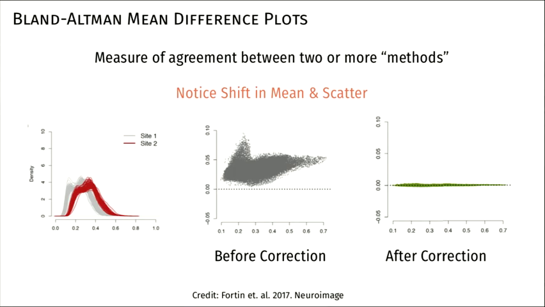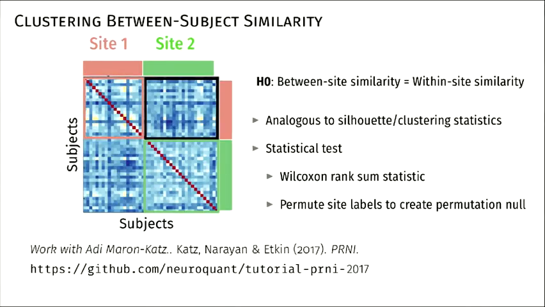And when you do the Bland-Altman plot, you can see this classic deviation from zero, which is evidence of a systematic location shift. We'll examine a couple of techniques that are able to bring it down. So this is an example of what's desirable to see, and how this kind of visualization technique can be used to look for site effects in your data.